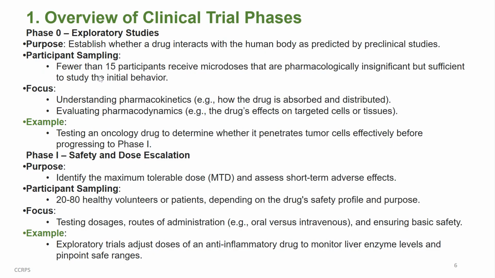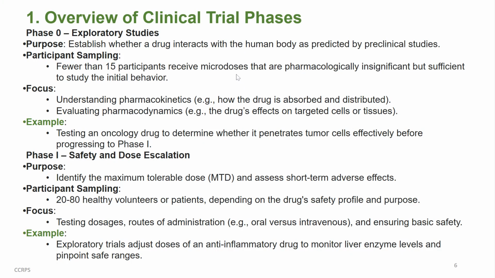Participant sampling here will be fewer than 15 participants who receive microdoses that are pharmacologically insignificant but sufficient to study the initial behavior. The number of participants is very small, as it is for preclinical study purposes.